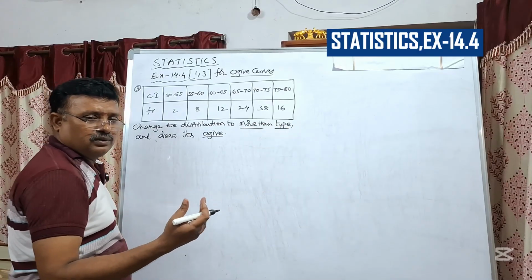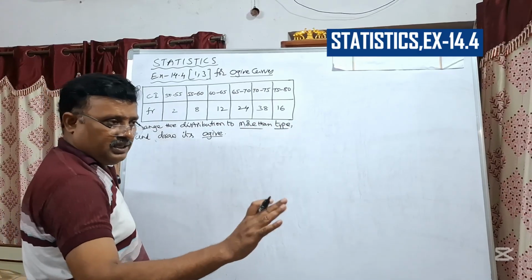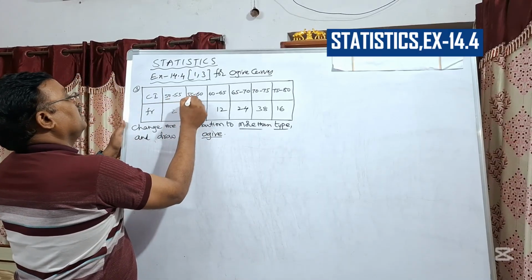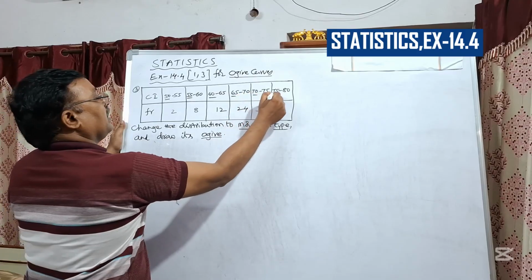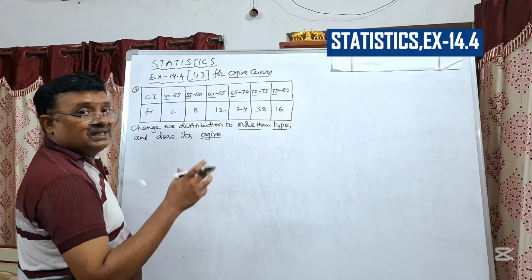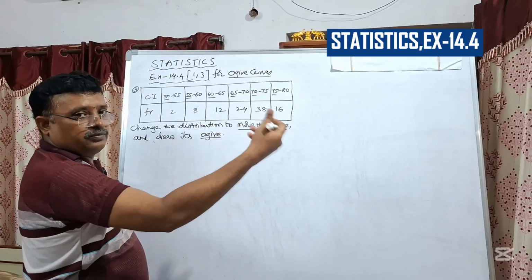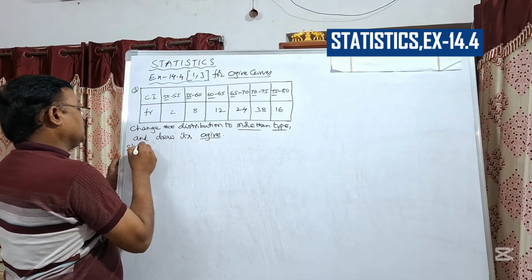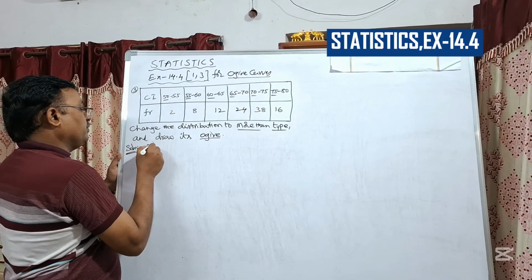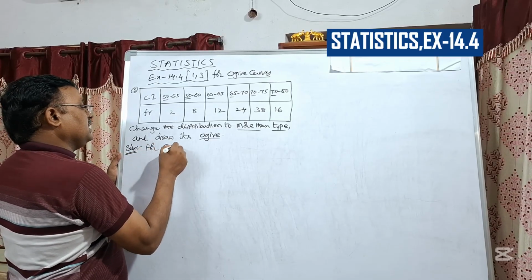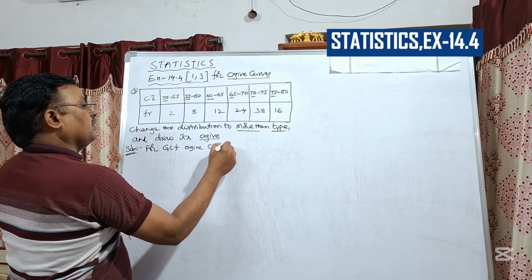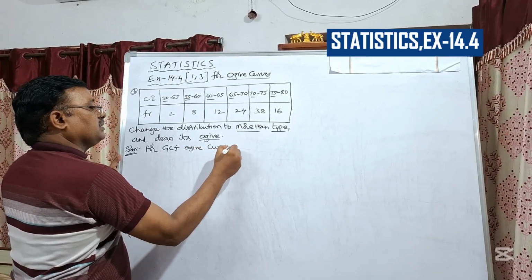So for this, what do we have to do? The process is simple and easy. On the x-axis we need to take lower boundaries, and on the y-axis we need to take the GCF value, greater cumulative frequency. Okay, how to prepare the table? Just observe this. The solution will be for the GCF ogive curve.